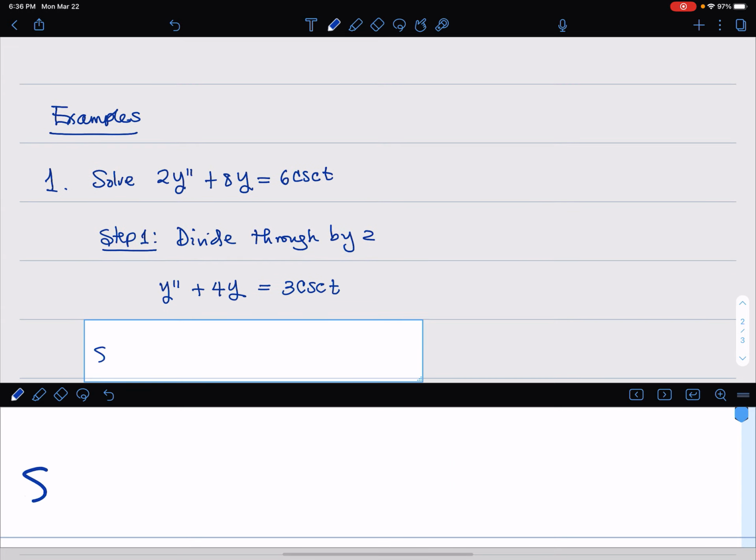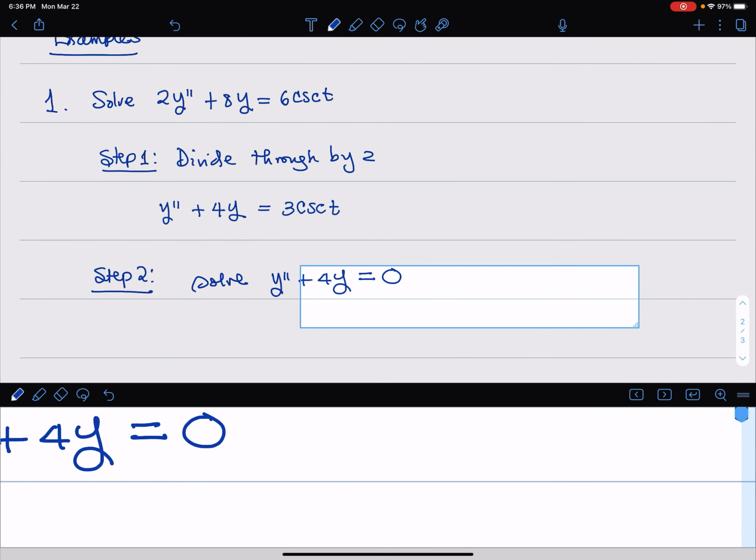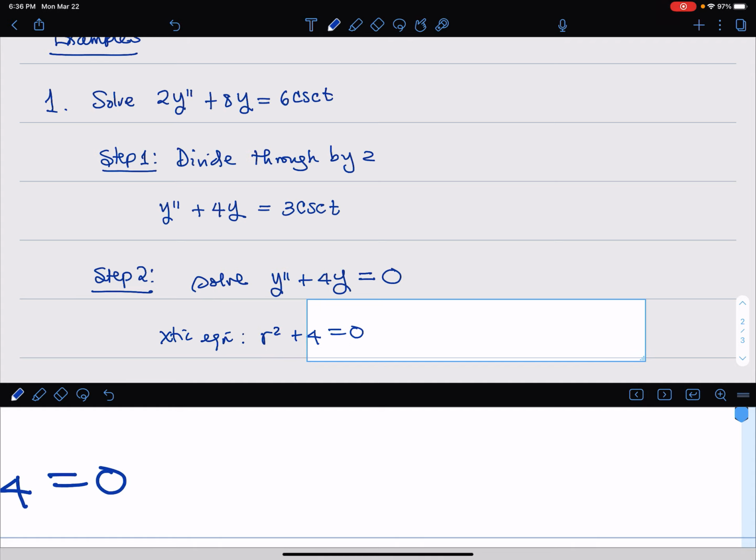All right, step 2. We solve y double prime plus 4y equal to 0. So our characteristic equation is r squared plus 4 equal to 0. So this tells us that r is plus or minus 2i.